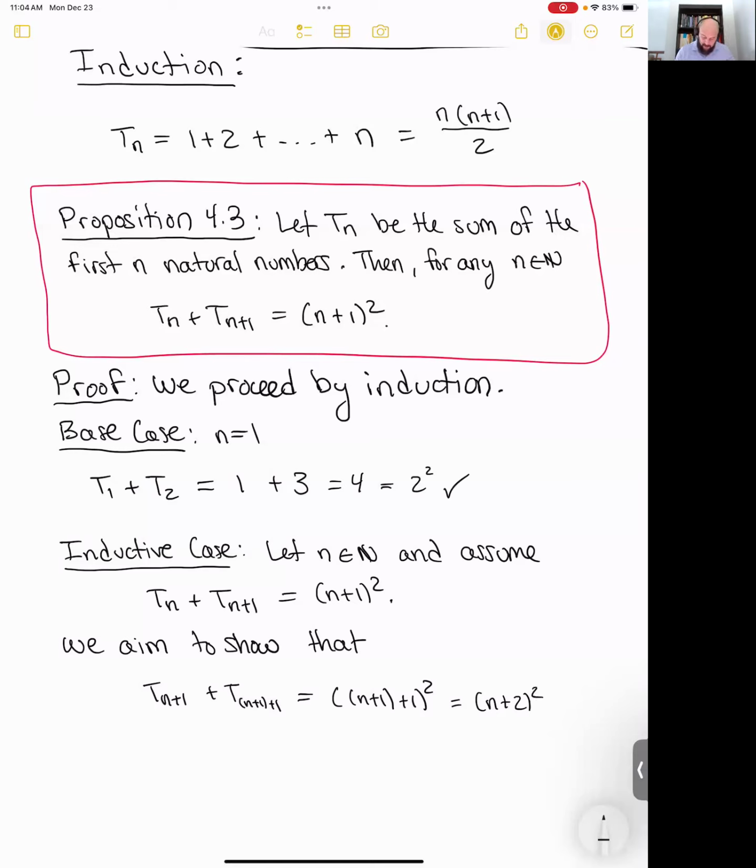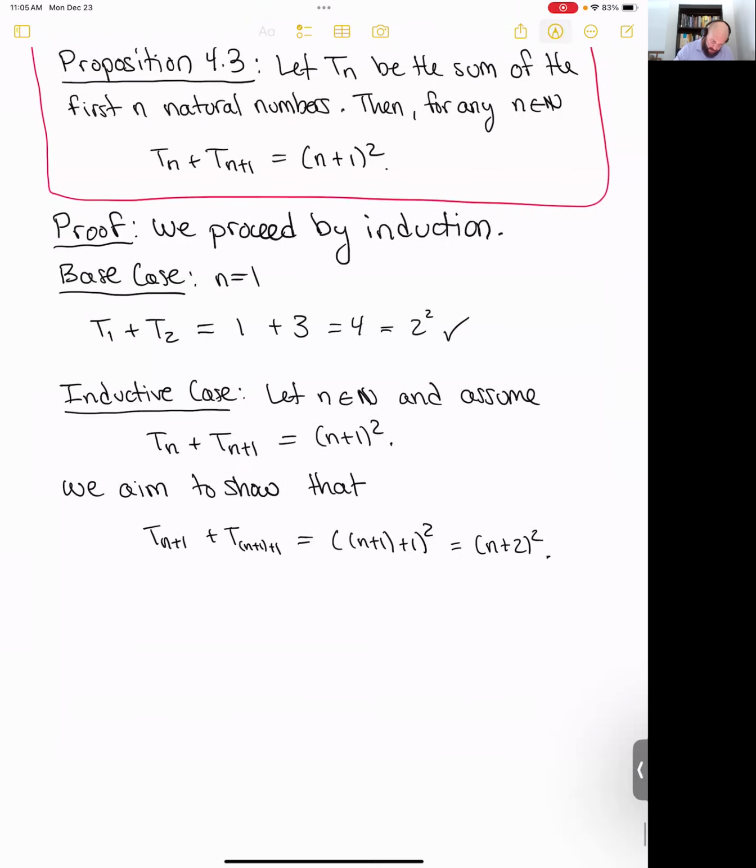Okay, so that's what we want to show. Again, we're just communicating what we're trying to do here. We haven't done anything yet, but it's important to communicate to the reader what's going on, right? What we're about to do. Okay, so now let's take a step in that direction.